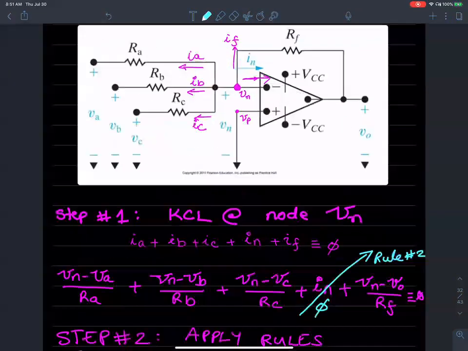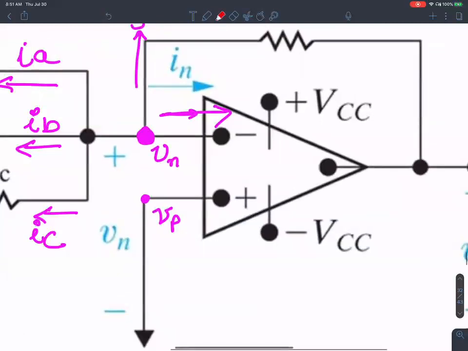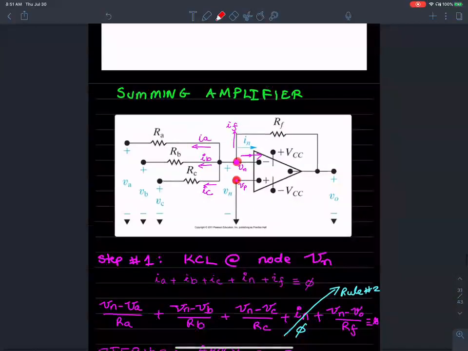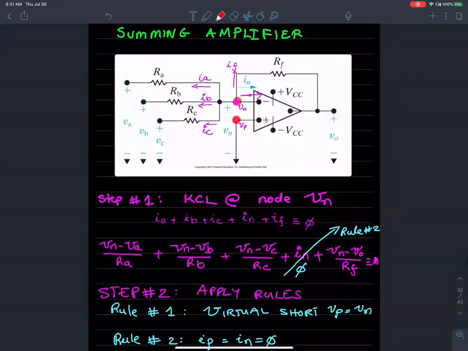So the voltage on this terminal shows up on this terminal as well. Okay, what's the consequence of that? Because VP is tied to ground, the voltage there would be 0. So then VN would be 0. So all of this will exactly equal ground.